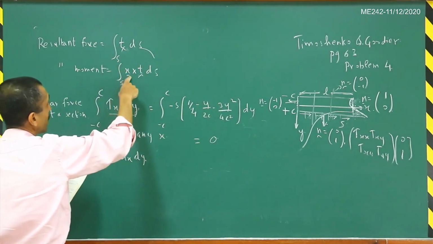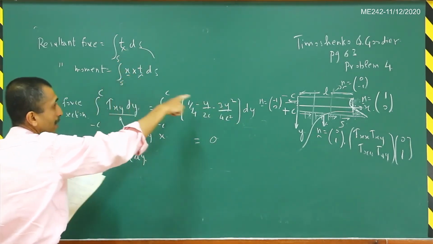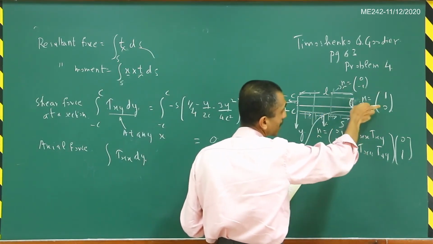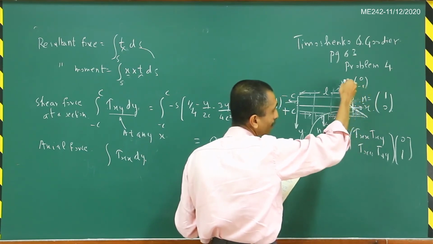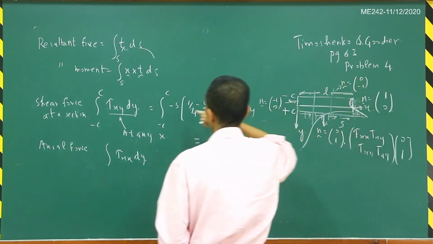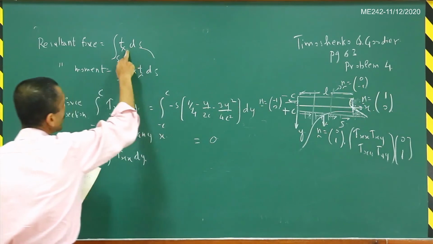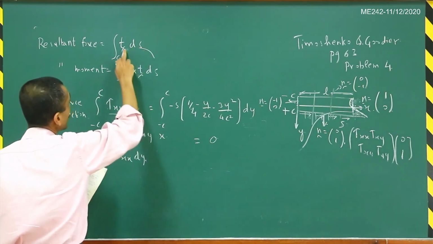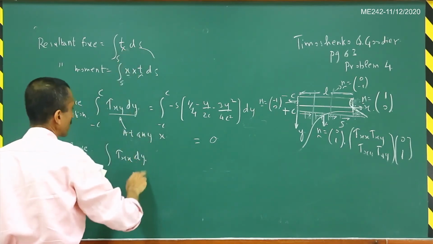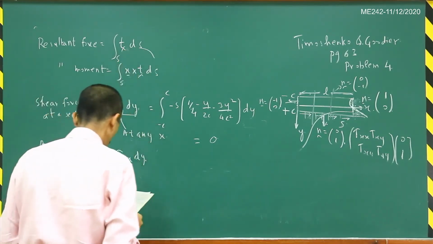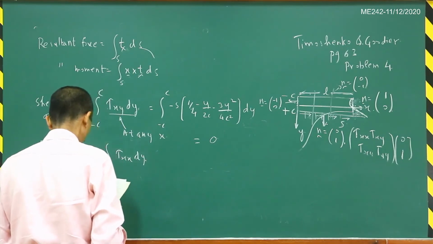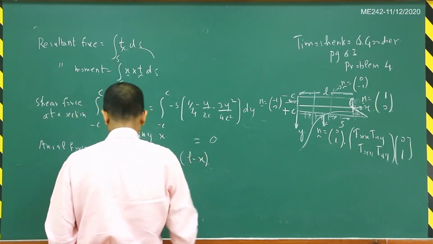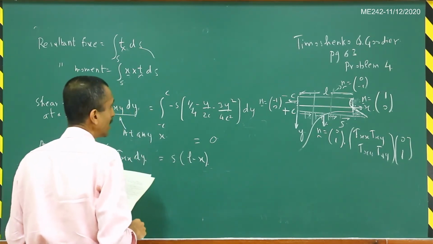And then similarly on this face, for example, we have seen that Tx is tau xx and Ty is tau xy. So whatever we have computed before is actually the Ty component times ds, and now we are computing the Tx component, which is tau xx times dy. If you carry out this integration, you will get S times L minus x. So this is at a given x.